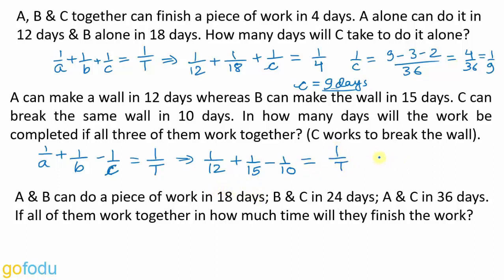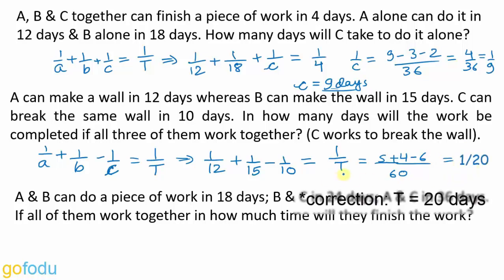So we will have 5 plus 4 minus 6 upon 60, that is 4 upon 60 or 1 upon 15. That means T comes out to be 15 days. So in 15 days the work will be completed if all three of them work together.